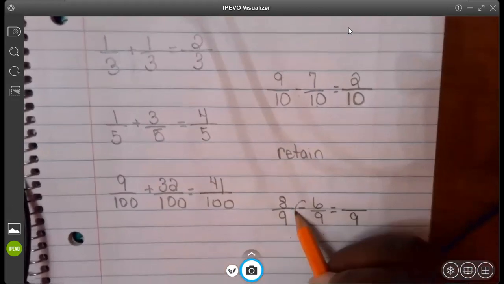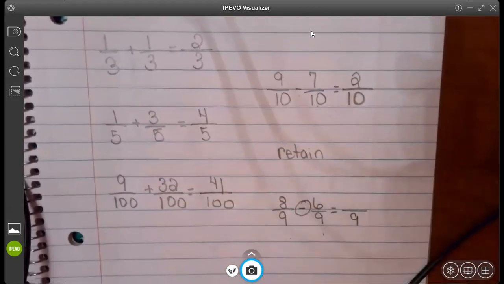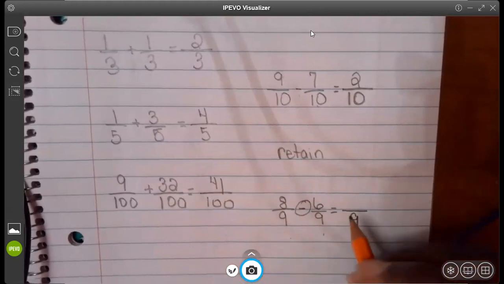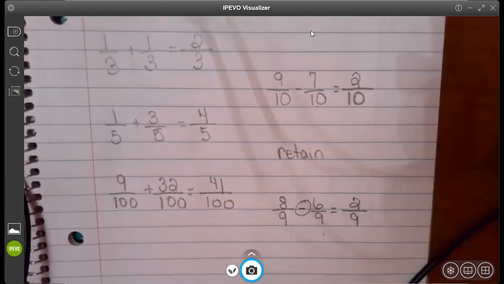When we're adding or subtracting fractions, we have to be mindful of our sign, so we'll know whether we're adding or subtracting. And 8 minus 6 is 2. So again, our word for this video is retain. And retain means to keep the same. We're going to retain our denominator when we're adding or subtracting like denominators.